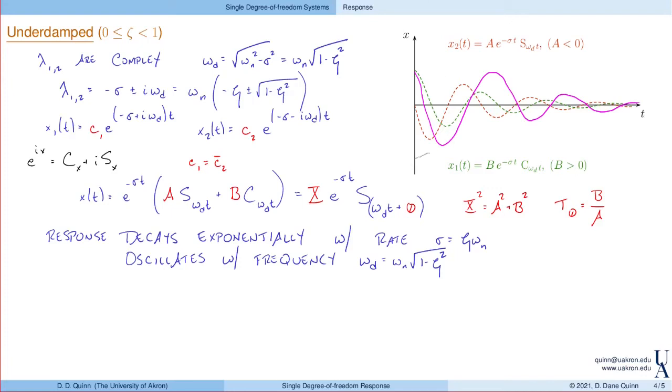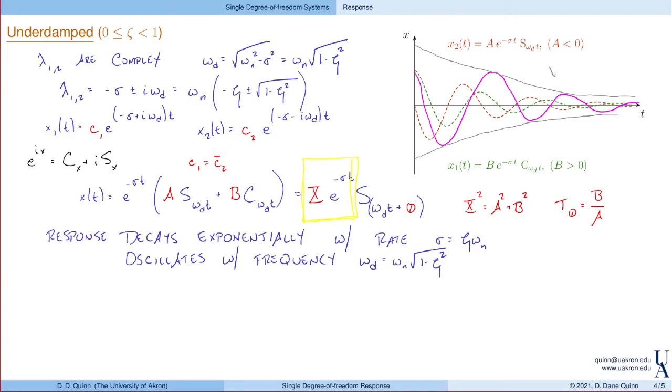And notice that I can actually draw an envelope for this decay. And this envelope here is what's out front in this polar form. Right?